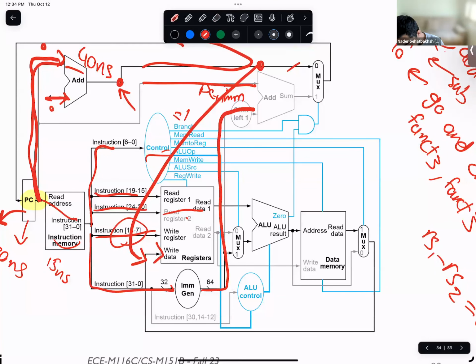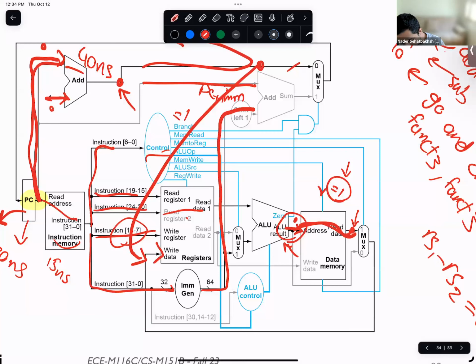If this value is equal to 1 before this address is a valid address, then this is a garbage address and memory read is equal to 1, so we're going to read a garbage value. But at the moment that this value becomes valid, this value is still equal to 1, which means that at that moment, we're going to issue another load. And at that point, after some delays, we're going to get the correct value, okay?